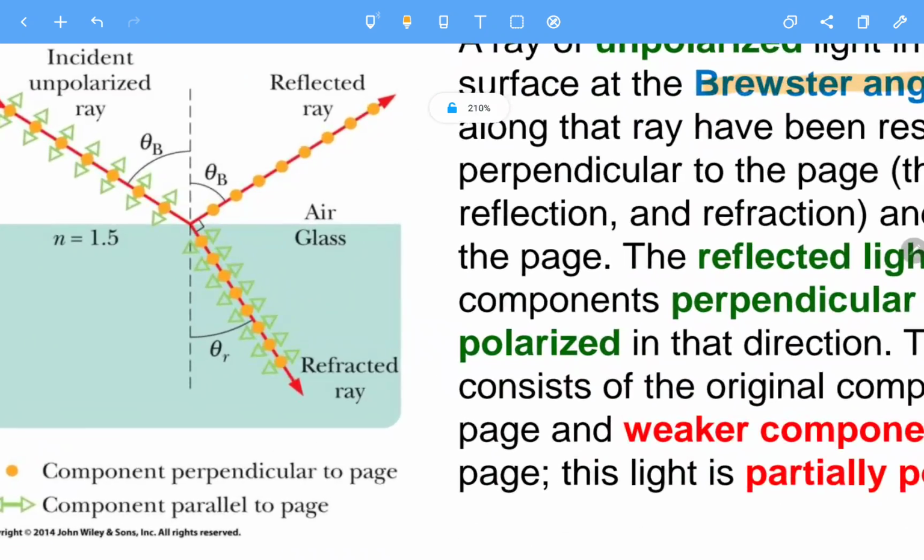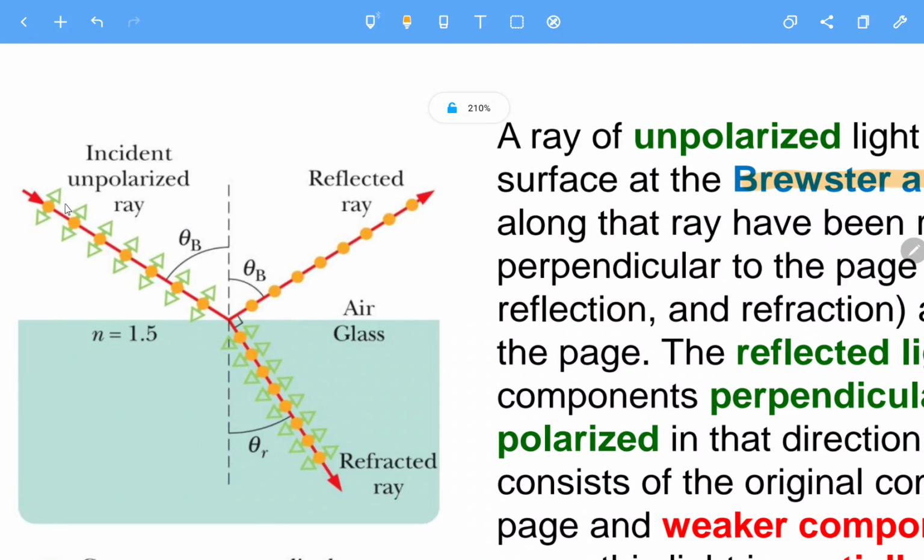So you can see here we have unpolarized light.